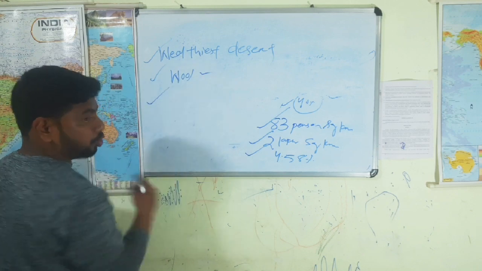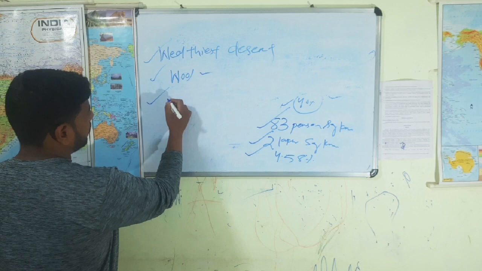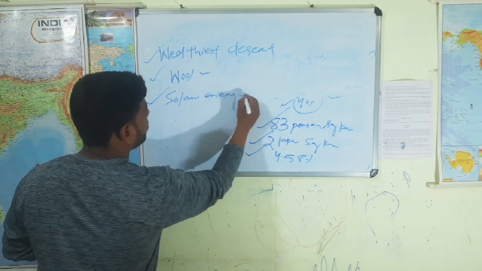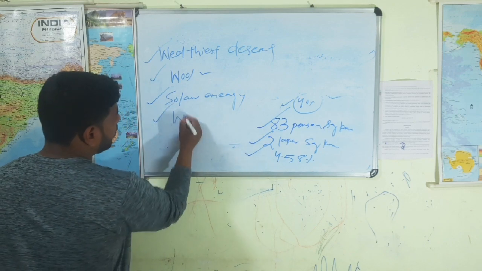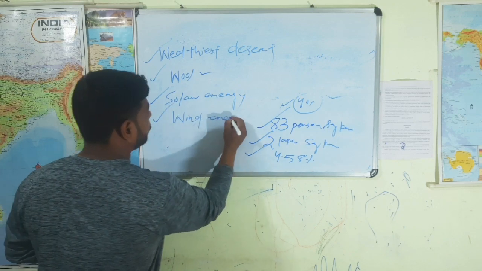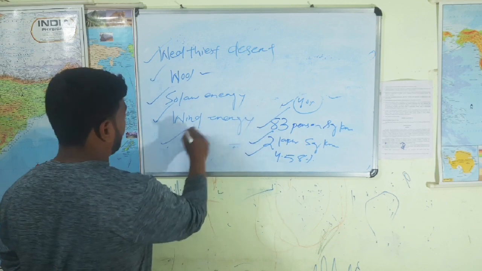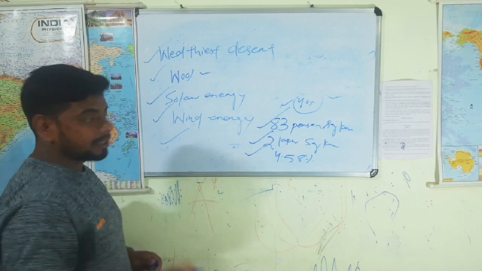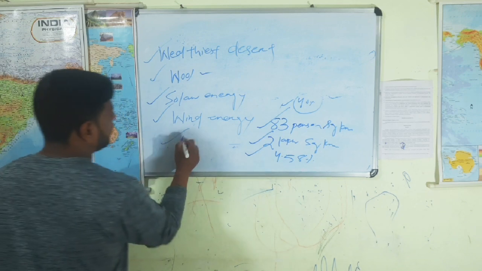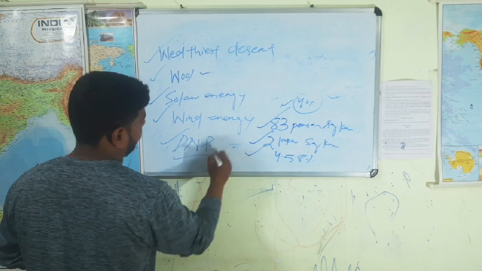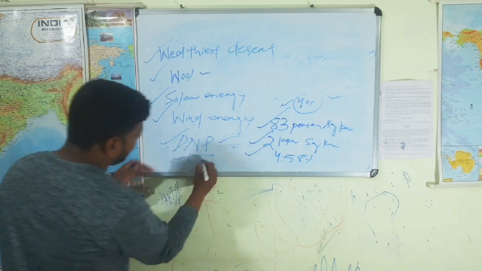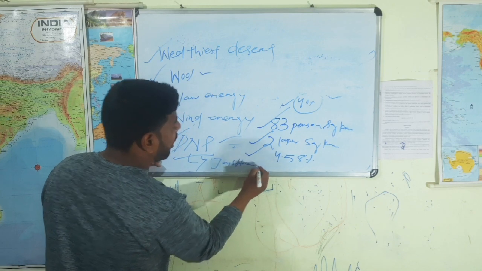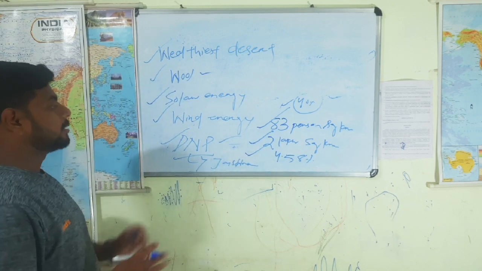Apart from that, solar energy generated from the sun's light, and wind energy is also generated from here. And one of the national parks there is also a World Heritage Site. That is the Desert National Park, and it extends over the Jaisalmer and Barmer districts of Rajasthan.